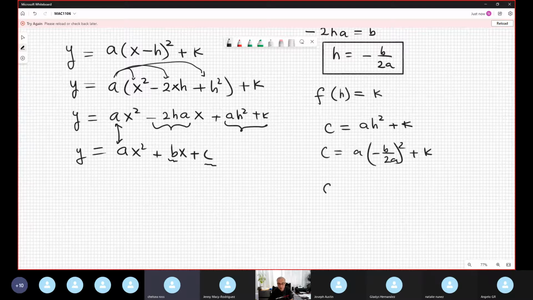So c is equal to a, a negative number squared becomes positive, so b squared over 4a squared. Okay, because 2 squared is 4, a squared is a squared, and at least one a is cancelled out, plus k. Therefore, k alone is equal to c minus b squared over 4a.